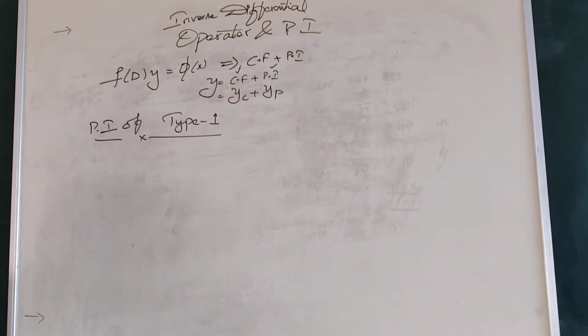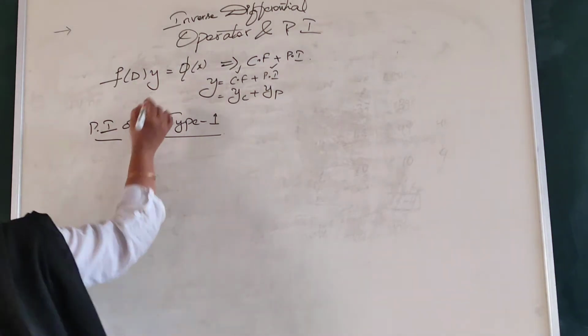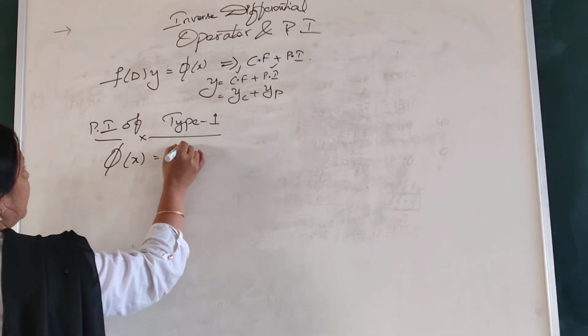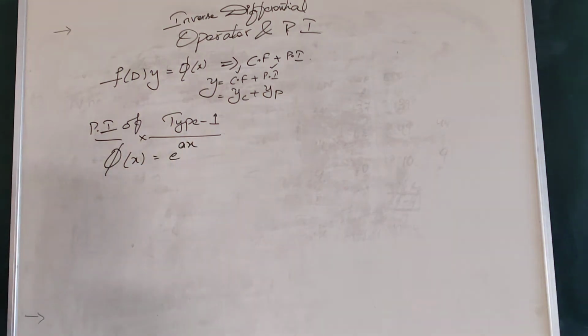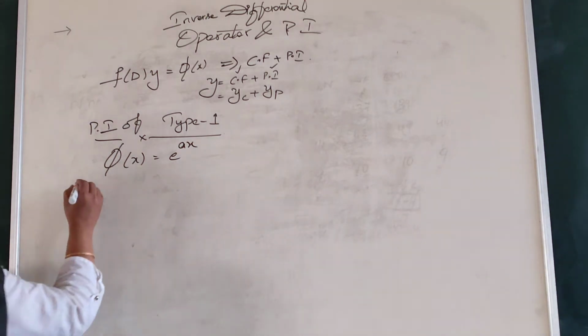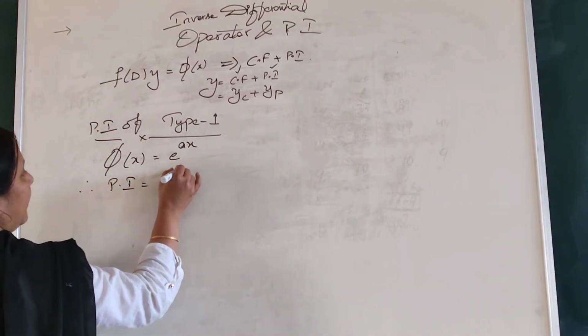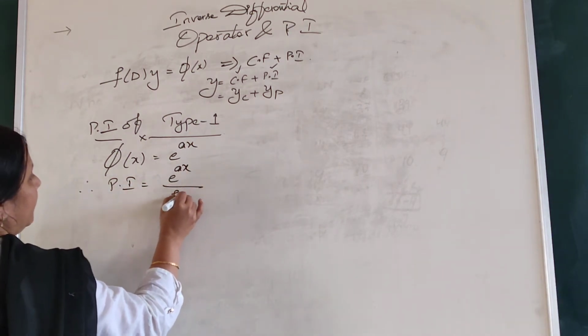In this case, we assume that phi of x is a function of x in the exponential form, e power ax. What is phi of x equal to? E power ax. So, the particular integral is assumed as e power ax divided by f of D.